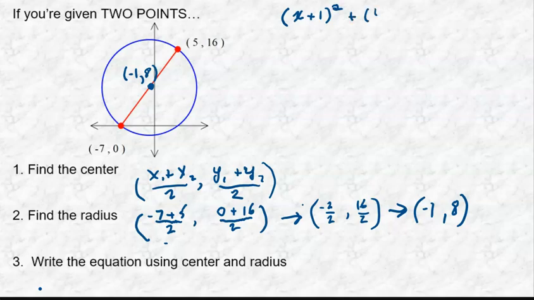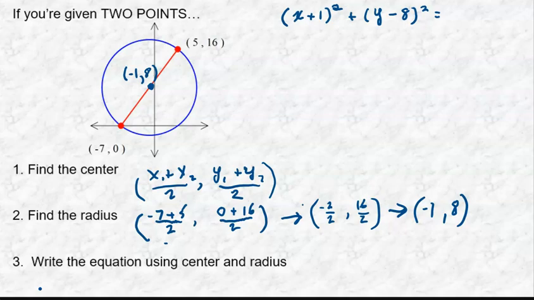Then I have y minus 8 squared. And now I need that radius. The radius is honestly the key to a circle, because all a circle is a point with an infinite amount of radii around it, all equal distant. So without that radius, I cannot make the circle. All I have here is a point, kind of.